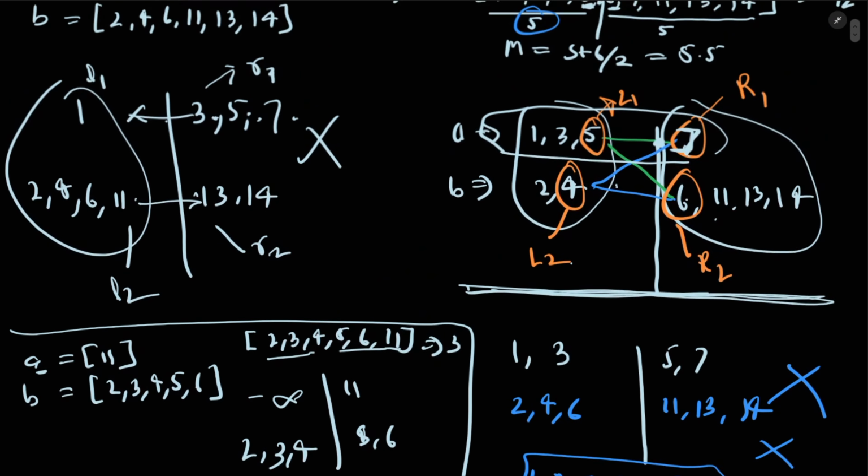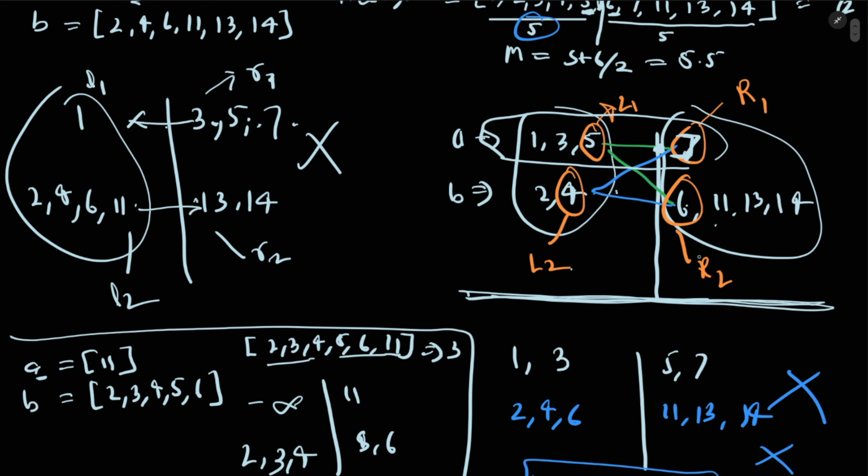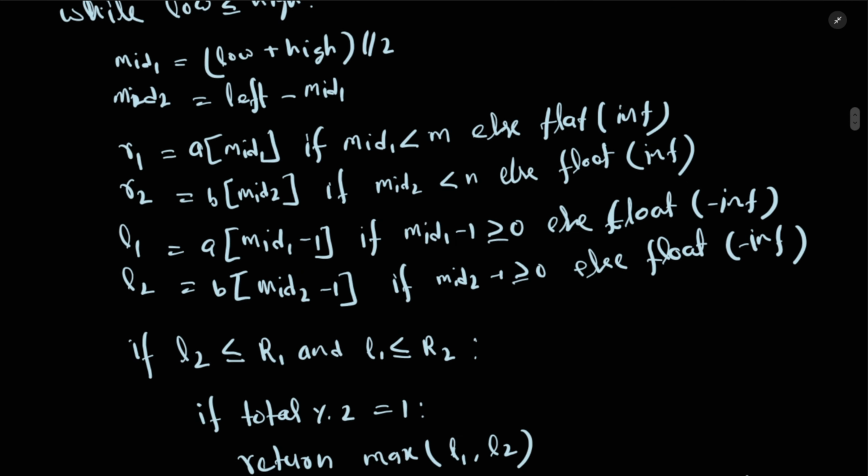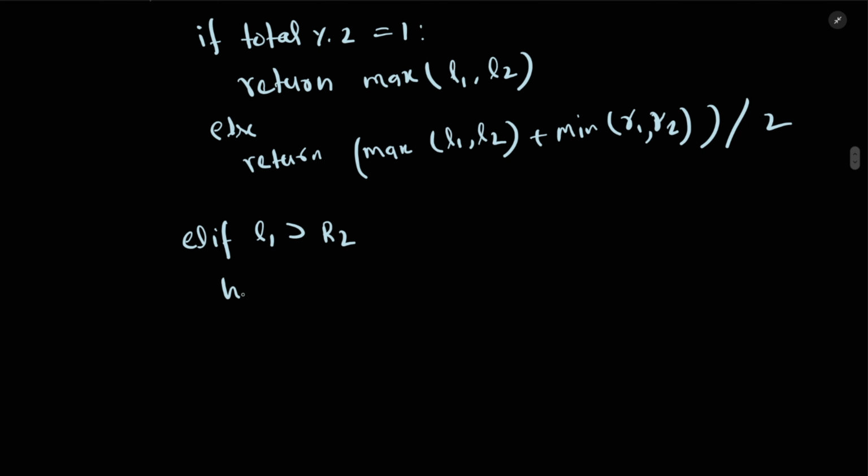That means if I come here, we need to go on the left side, because L1 is greater than R2. So we need to come here. This is the mid, so we will set the high to this minus this. High will be mid1 minus 1.